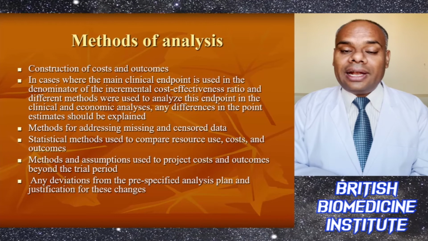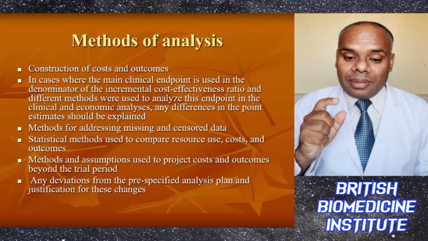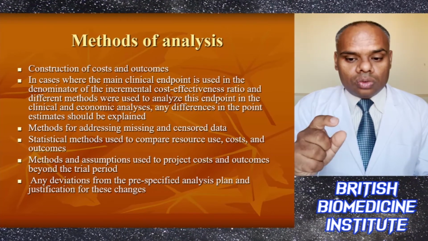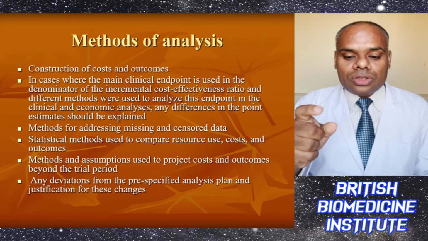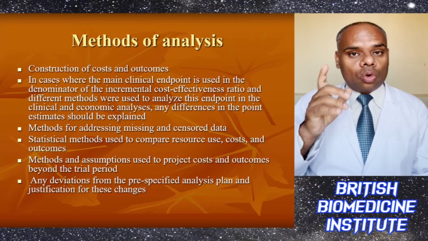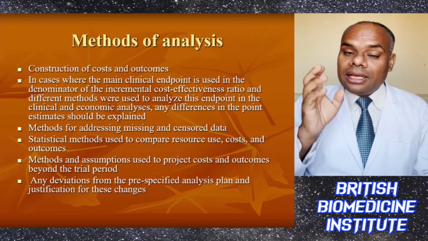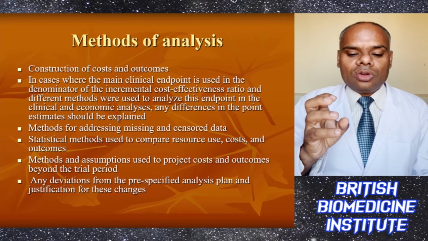There is also a method for addressing missing and censored data, statistical methods used to compare resource use, cost and outcome, and the methods or assumptions used to project the cost and outcome beyond the clinical trial period. And any deviation from the pre-specified analysis plan, and justification of these changes, should be provided.